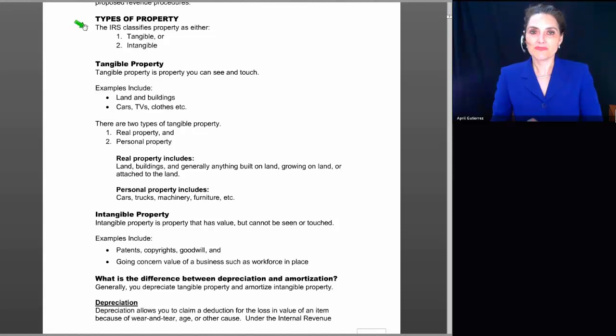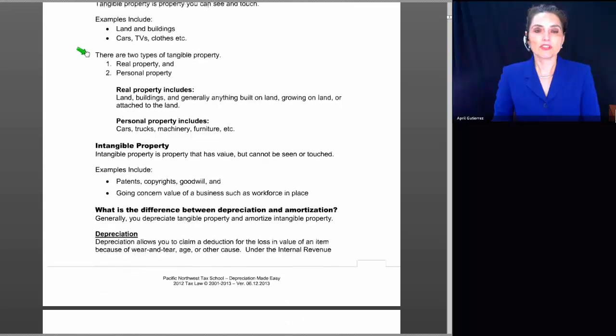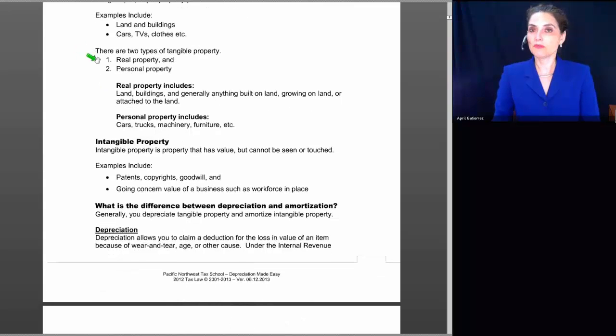The IRS classifies property as either tangible or intangible. Tangible property is property that you can see and touch. Examples of tangible property include land and buildings, cars, TVs, clothes, etc. And there are two types of tangible property: real property and personal property. Real property is as it sounds.